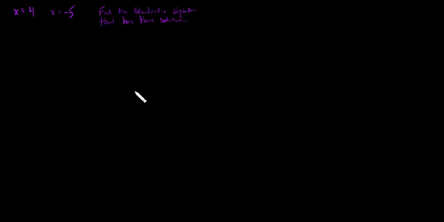Now remember when we're solving by factoring, let's say I had something like x squared minus 2x minus 8 is equal to 0. Remember, I'd have to go ahead and factor, and then once I factored, I would set each factor equal to 0 and solve from there.